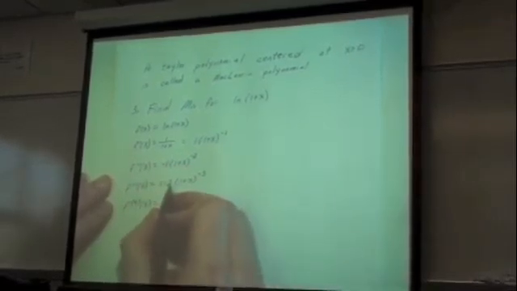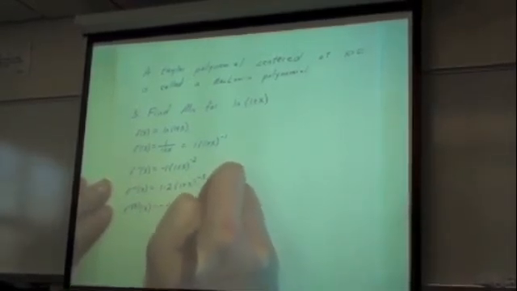Are you starting to see a pattern? If not, let's keep on going. We'll do as many as you need to see a pattern. The fourth derivative. What would I do? I'd bring the negative 3 down in front and multiply it. It's going to make the term in front negative. And I'll say, well, the term in front is going to be a negative 1 times 2 times 3. I know negative 6.